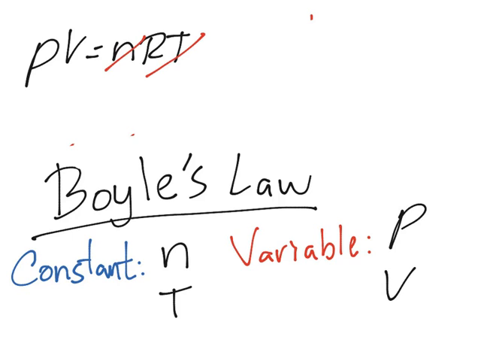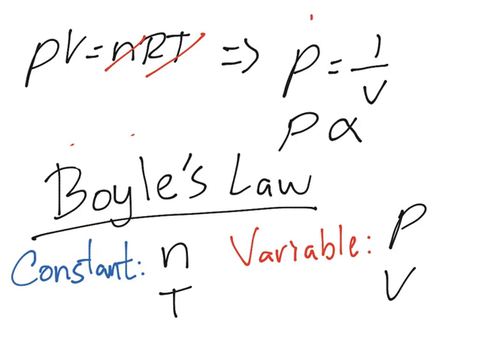So that would simply leave us with the pressure and the volume, and well, the R is a constant, so you don't really consider it. So we'll obtain the relationship that 1 over V is equal to the pressure. Or, in other words, the pressure is inversely proportional to the volume.